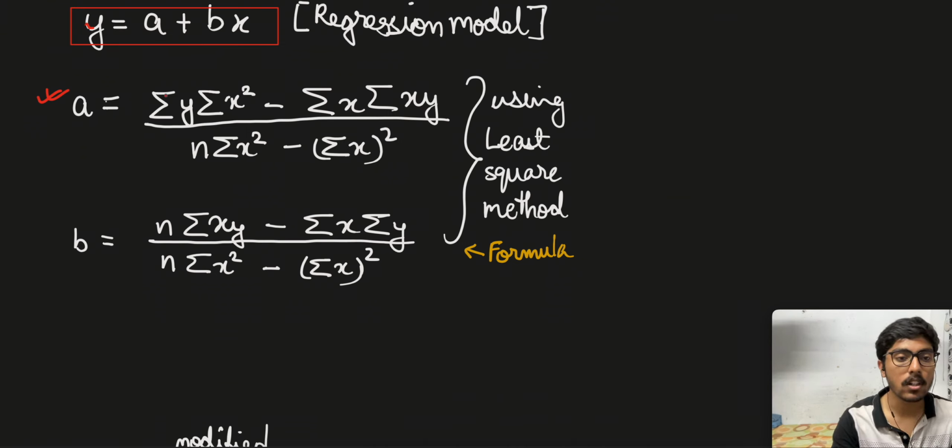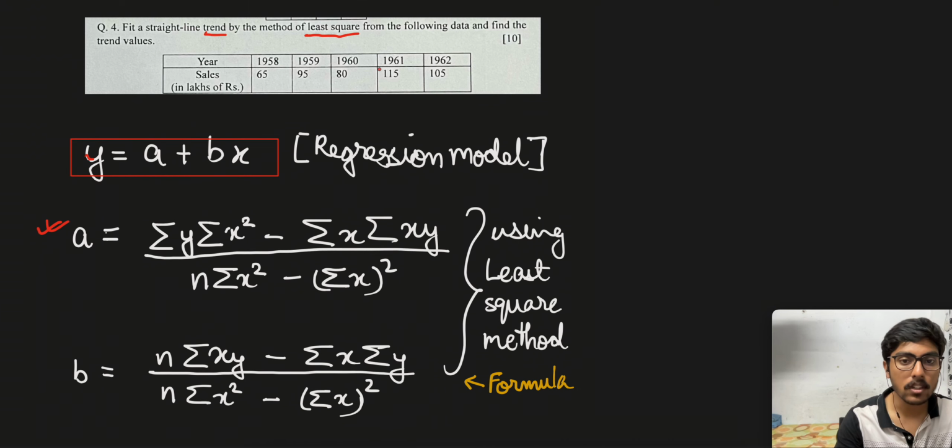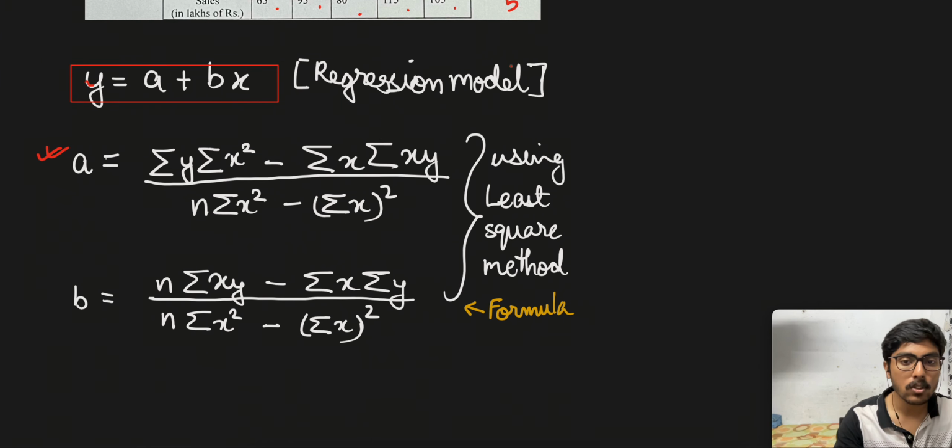So for the intercept, the formula is summation y into summation x square minus summation x into summation xy, by n, which is the number of data points. Here in this case 1, 2, 3, 4, 5, so 5 data points are given, so n is equal to 5.